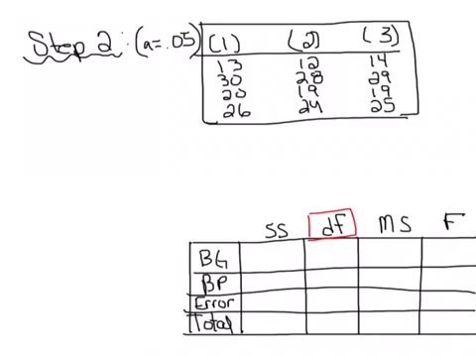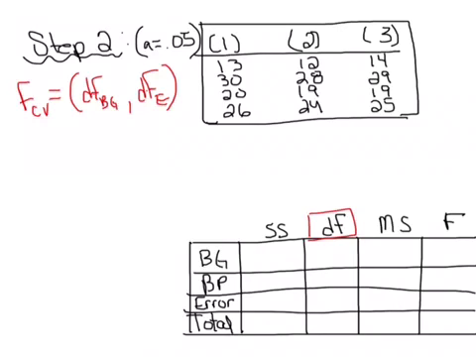Because to get the critical value, you're going to look up your F crit using your degrees of freedom between group and degrees of freedom error. The numerator is the between group, error is the denominator of that hypothetical fraction they use in that critical table at the back of your textbook. First, let's work on our degrees of freedom to calculate these.